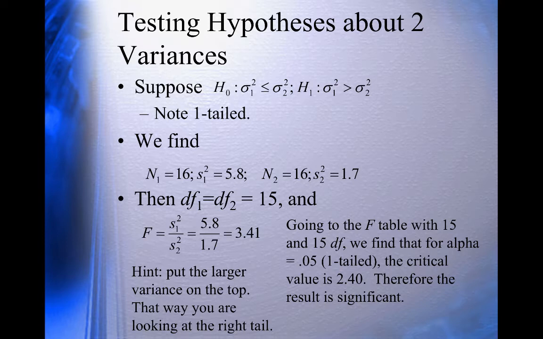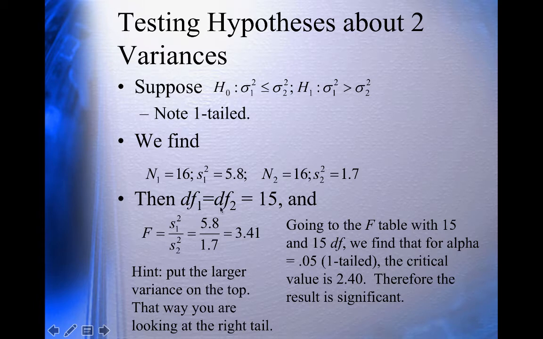For alpha 0.05 and the upper tail, the critical value is 2.4. So our actual value is 3.4, and that's bigger than 2.4, which was the value to beat. So we can say the result is significant. Looks like the variance is bigger than for the women in terms of height.